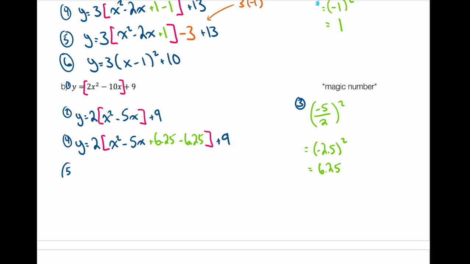The fifth step is to take that subtraction and move it outside of the bracket, but when I do that, I have to reapply the factor, so I have to multiply it by 2.